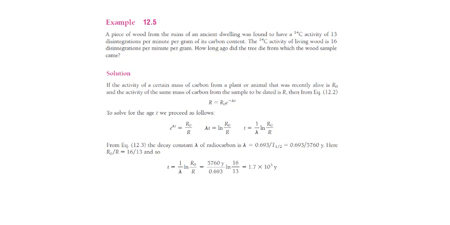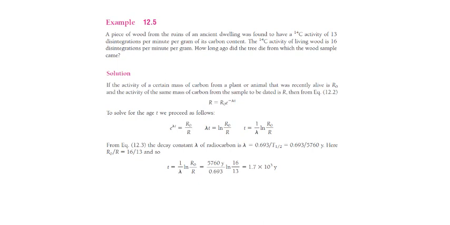For this problem we use the radioactive decay law, where the activity of a certain mass of 14C in the dead sample is given by R, and the activity of the same mass of 14C in a living sample, let it be R0. The activity is governed by the radioactive decay law: R equals R0 e raised to minus lambda t. From this you can obtain an expression for t.